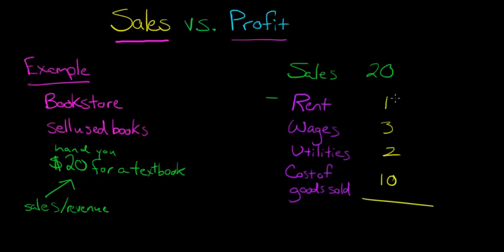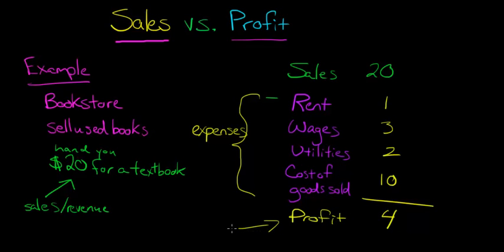But when we subtract out all these expenses, all these costs of doing business, it's going to give us a number. Let's see here, 20, 19, 16, 14, 4. So this is our profit, otherwise known as the bottom line.